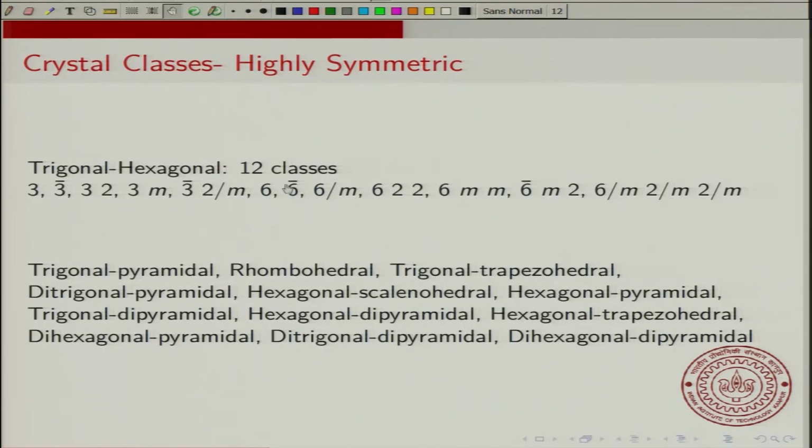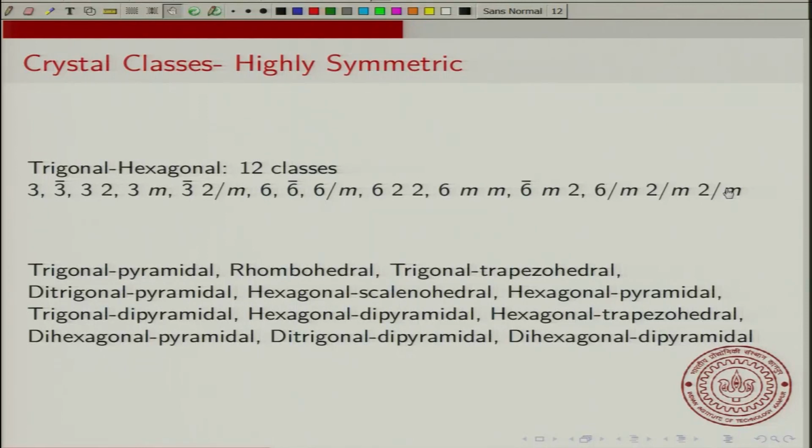If you have a 6-fold roto inversion axis, then it is hexagonal pyramidal, and so on. You can go through the entire list of symmetries. Now, the dihexagonal dipyramidal has a 6-fold axis with a perpendicular mirror and 2-fold axes with perpendicular mirrors.